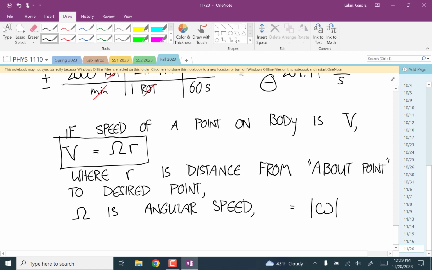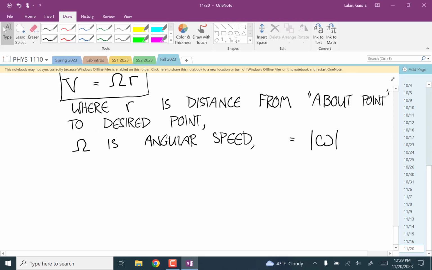I could have put the absolute value in here, but basically what I'm saying is just take the positive value of whatever the angular velocity is, multiply it by the distance from the about point to the point you care about, and that'll give you the speed. So let me do a problem where we use this.